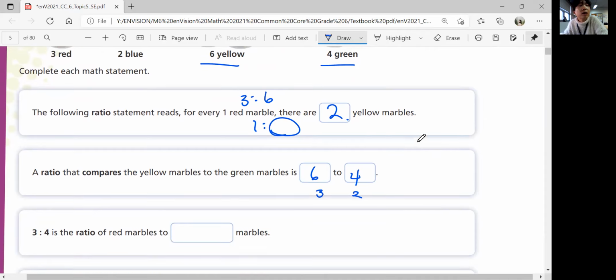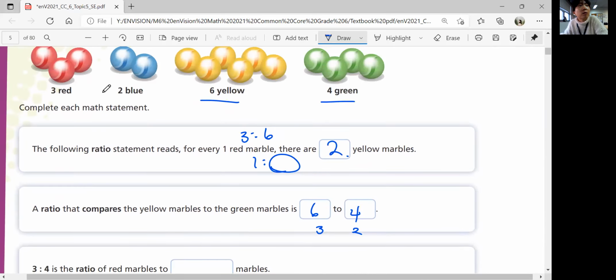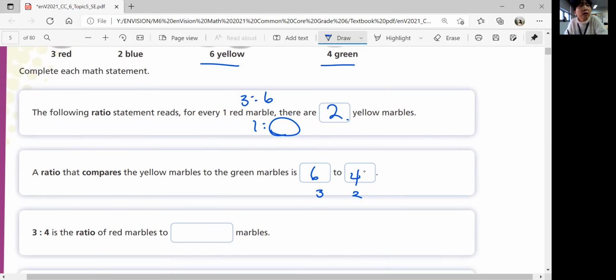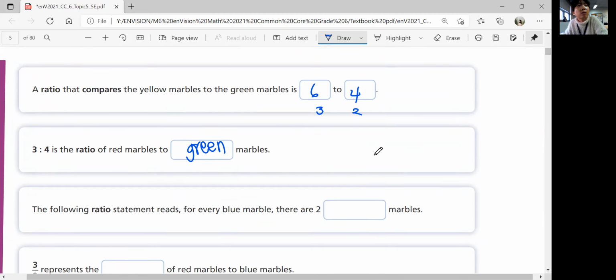Or you can simplify that to 3 to 2. Okay, either way. 3 to 4 is the ratio of red marbles to blank marbles. 3 to 4. 3 is red. 4, we only have 4 in the green. So it should be green marbles. Okay. The following ratio statement reads, for every blue marble, there are 2 blank marbles.